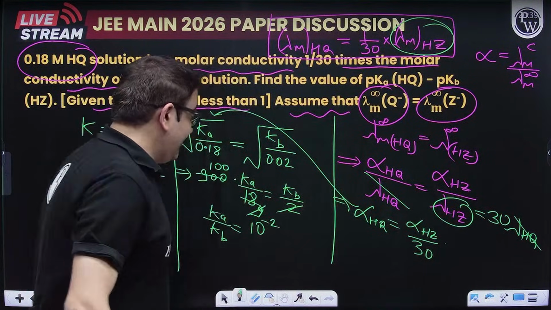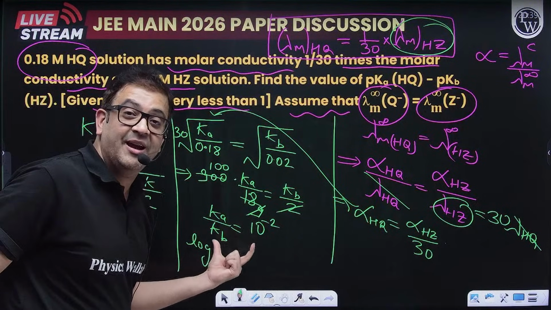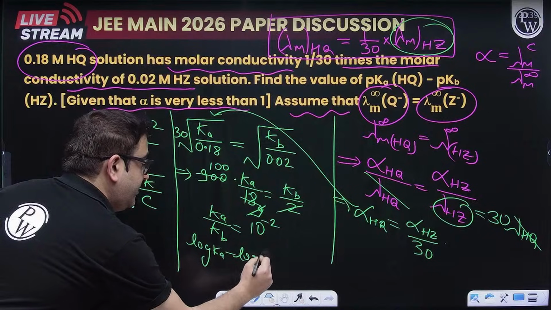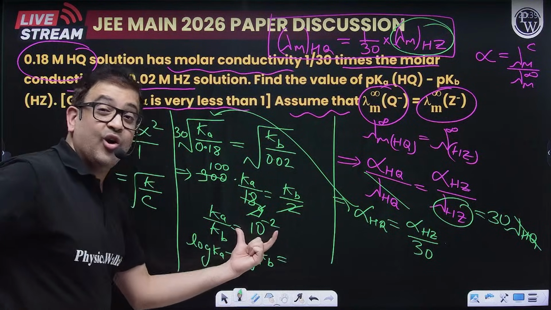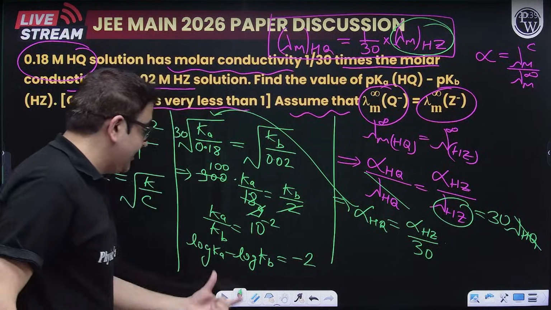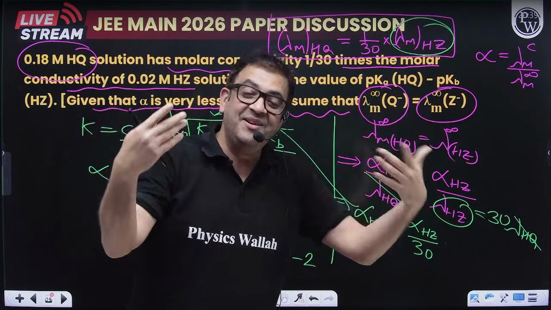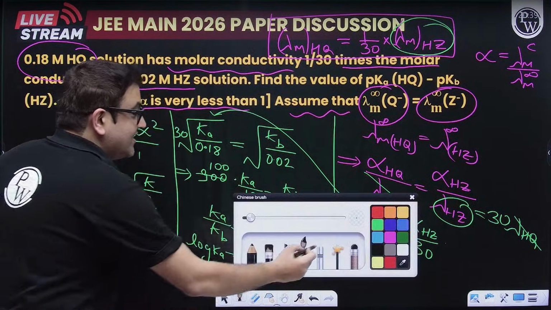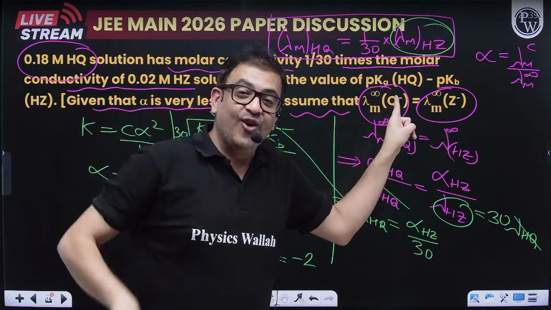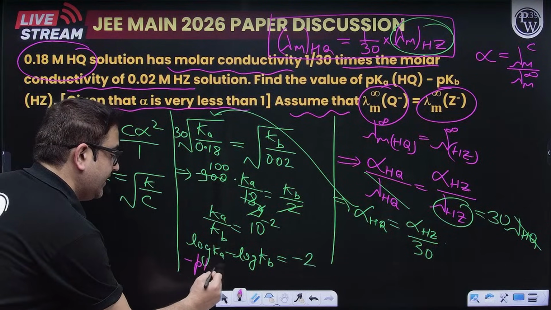Now take log. So log of Ka upon Kb is log of Ka minus log of Kb. It is equal to log of 10 raised to power minus 2, as in minus 2, because log 10 is 1. Now you have to calculate pK, so again use that formula. pKa is minus log of Ka, so this is minus pKa.